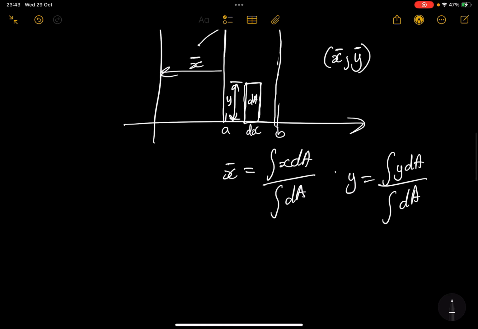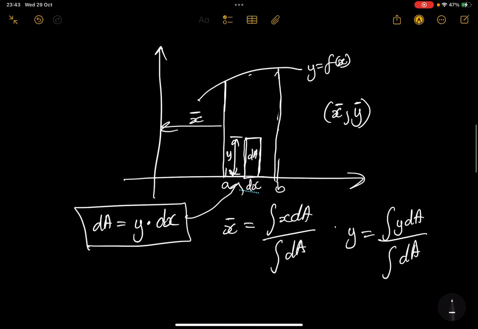So this is just a small rectangle. Since it's a rectangle, dA is equal to base times height, y times dx.